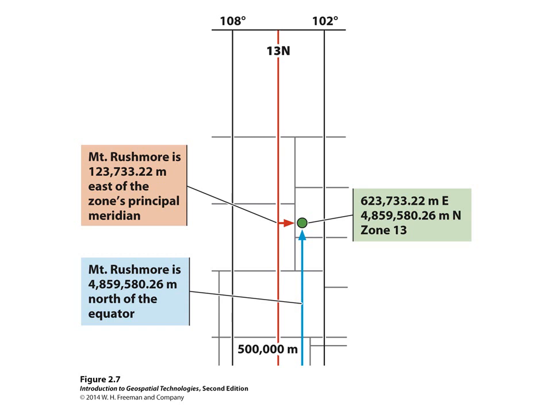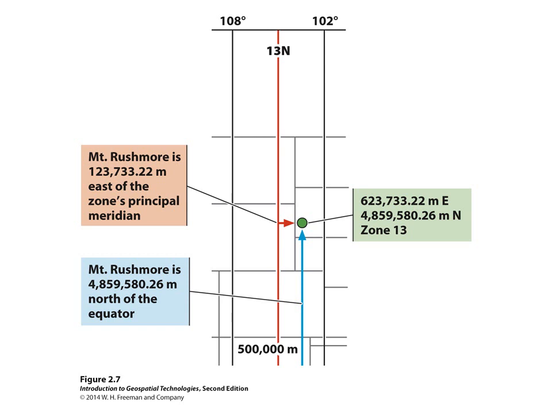So I want to talk just for a bit about the concept of geocoding and how some of this stuff works, and how systems like UTMs work. Here we have this line, the 13 north line, and we have this point location. It could have all kinds of different coordinates, but it's Mount Rushmore, and the coordinates that we looked up were 123,733.22 meters east of the zone's principal meridian.